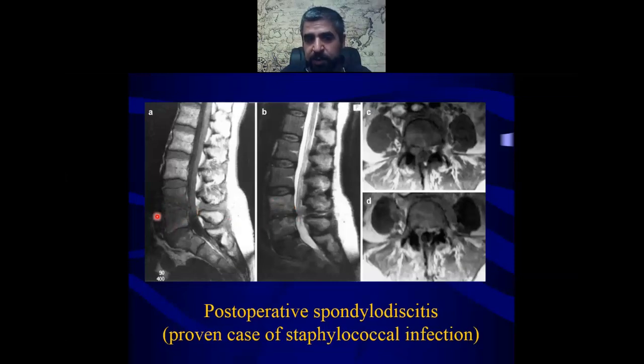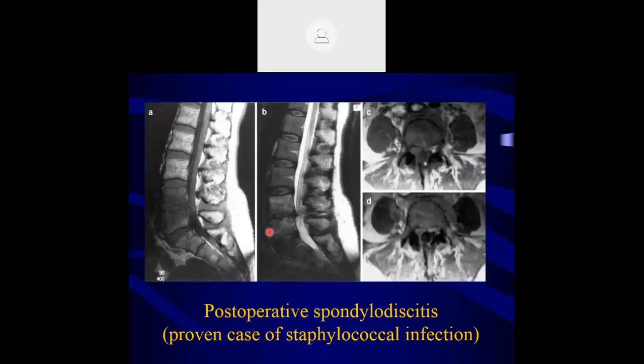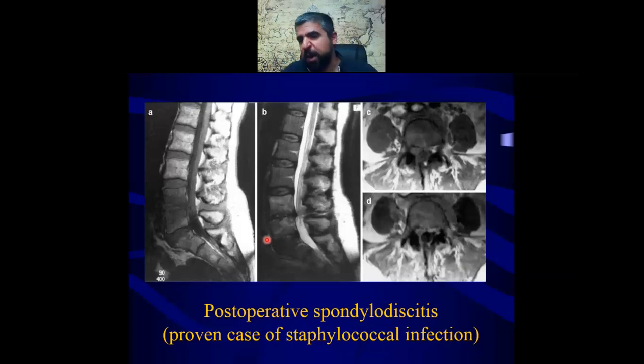This is hypo-intense on T1 and hyper-intense on T2 weighted image. Someone may say this is probably Modic type 1 changes. Do Modic changes become more prominent post-surgically? No, Modic changes should be present before or after surgery.